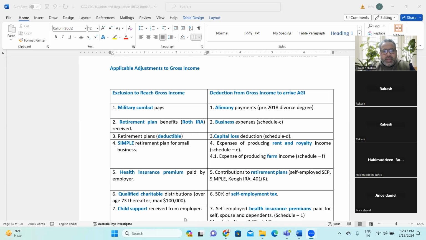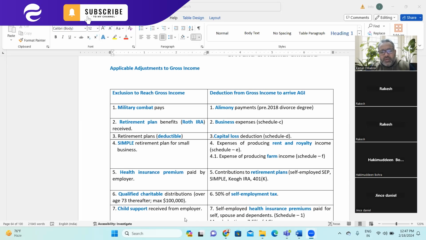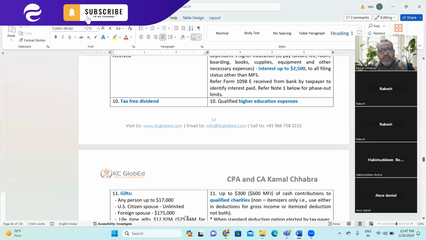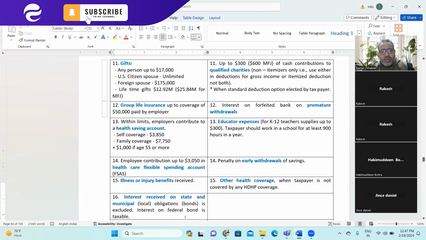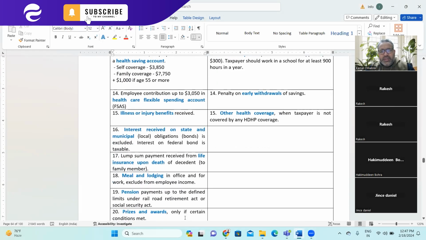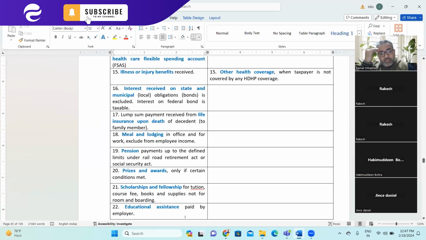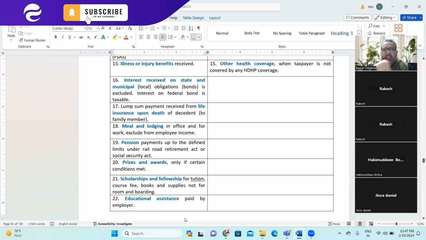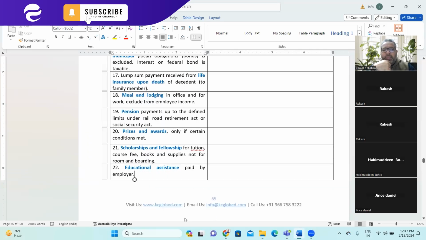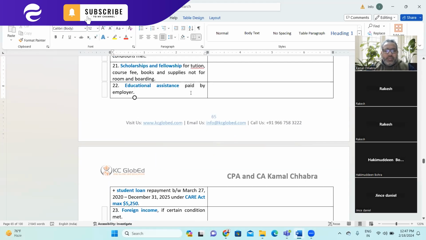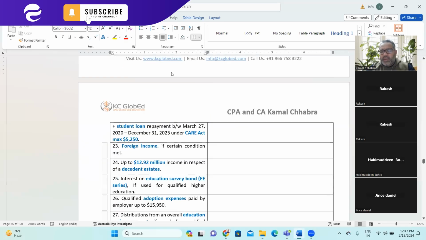And if you see, we discussed military combat, retirement payment, SIMPLE plan, health insurance premium, qualified charitable distribution, child support, child care, compensatory and punitive damages, tax-free dividends, gifts, group life insurance, health savings account, healthcare flexible spending account, illness or injury benefit, interest received on state and municipal bonds, life insurance received upon death, meal and lodging expenses for office work, pension payments, prize awards, scholarship, fellowship, and then educational assistance and student loans which are waived off under the CARES Act.